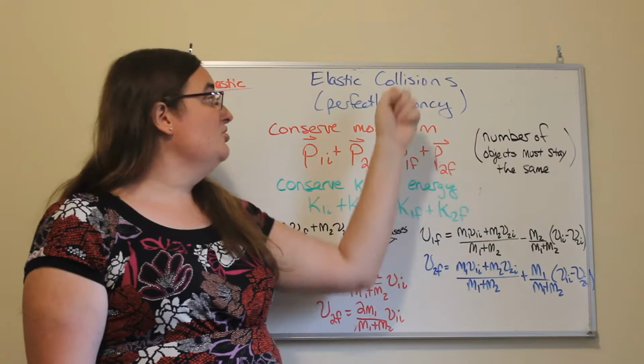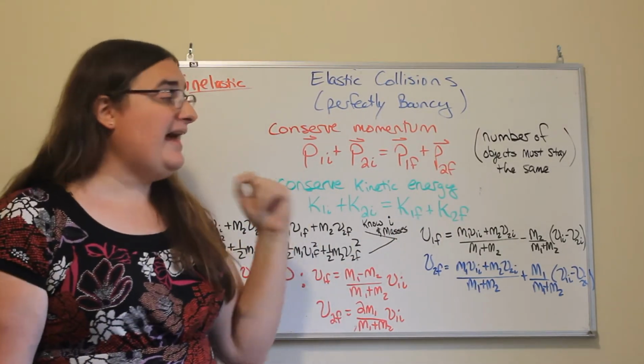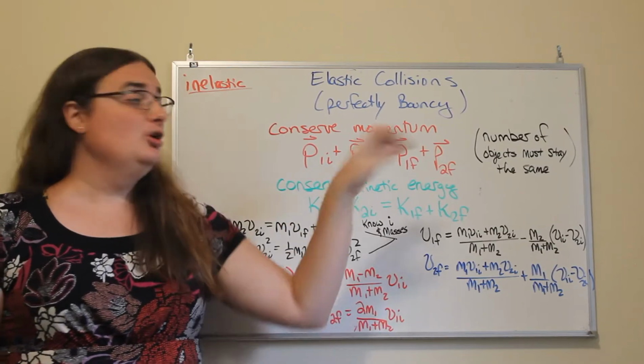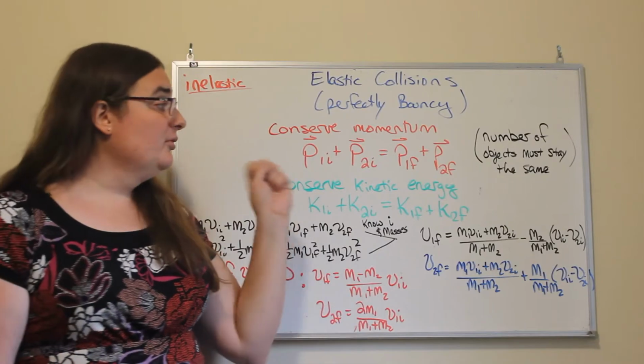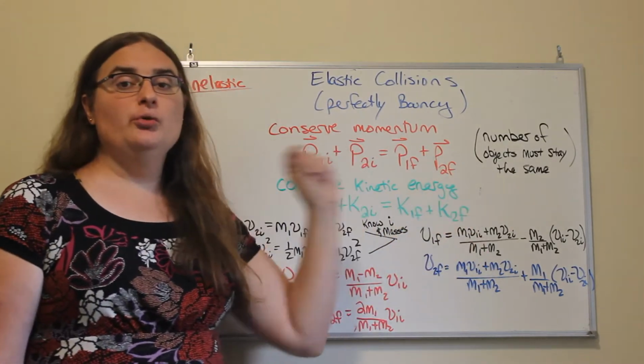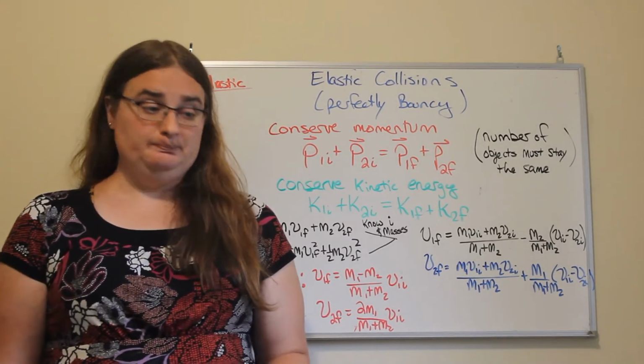And one of the things, in order to have elastic collisions, you have to have the same number of objects on both sides of the collision. If the number of objects changes, you are going to end up having inelastic collisions.